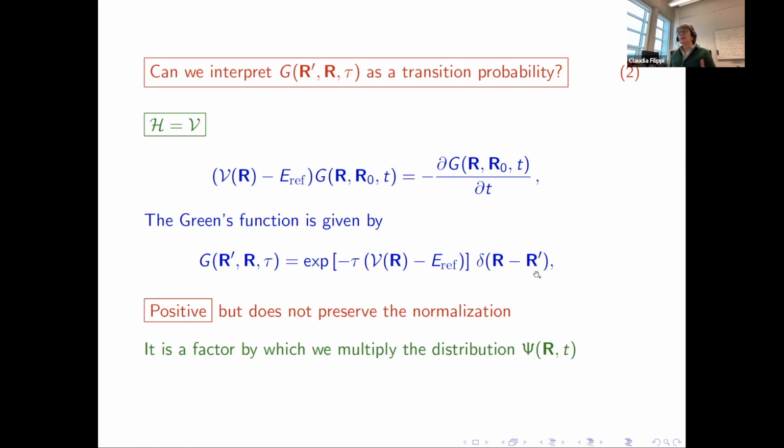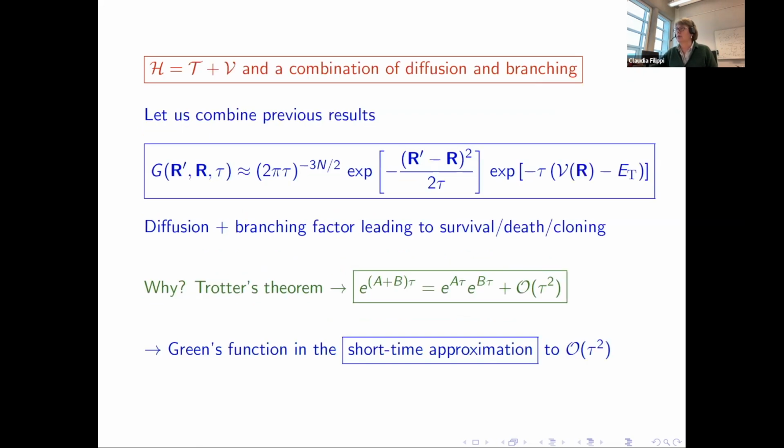The problem is it does not preserve the normalization, but it's still a factor which we multiply the distribution function. I can still imagine a diffusion where this factor tells me whether where I'm going is a good position for my walker or for my new position or not. So let's see how we do.